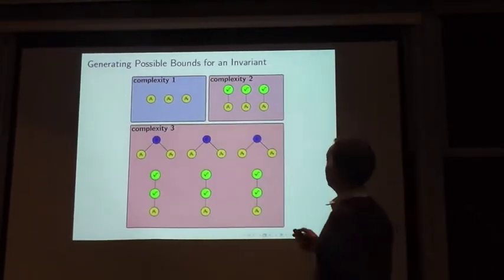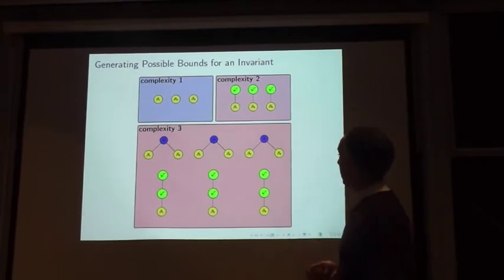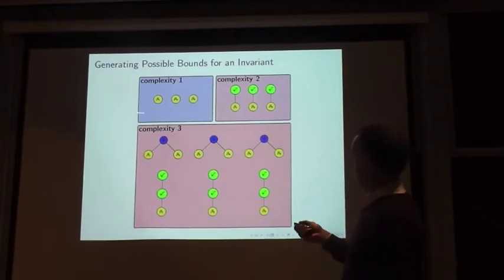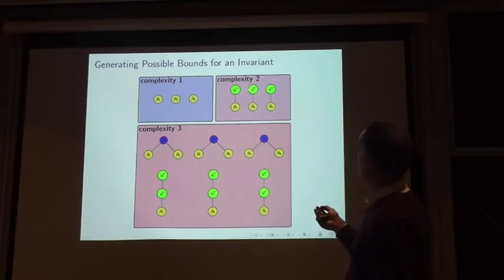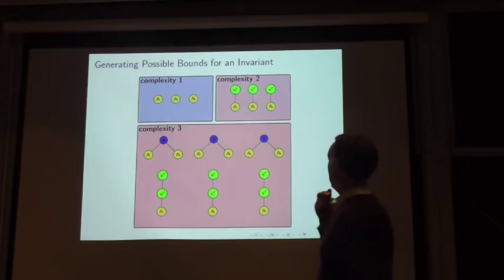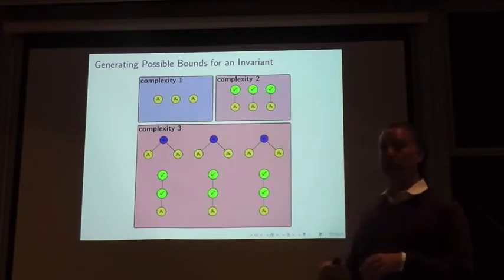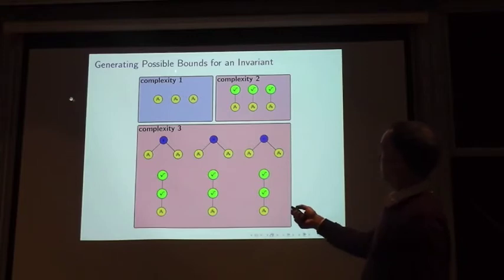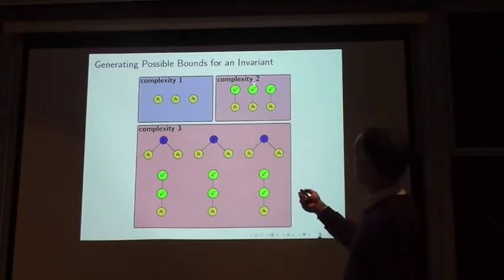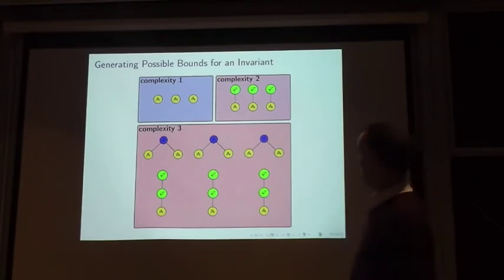Okay. So you tell the program some, say, graph invariants. Maybe we've got 40 operators in there now of unary and binary type. And then you can systematically generate the expressions. The complexity 1 expressions are just the invariants themselves. The complexity 2 expressions will be any unary operator applied to any of the invariants.